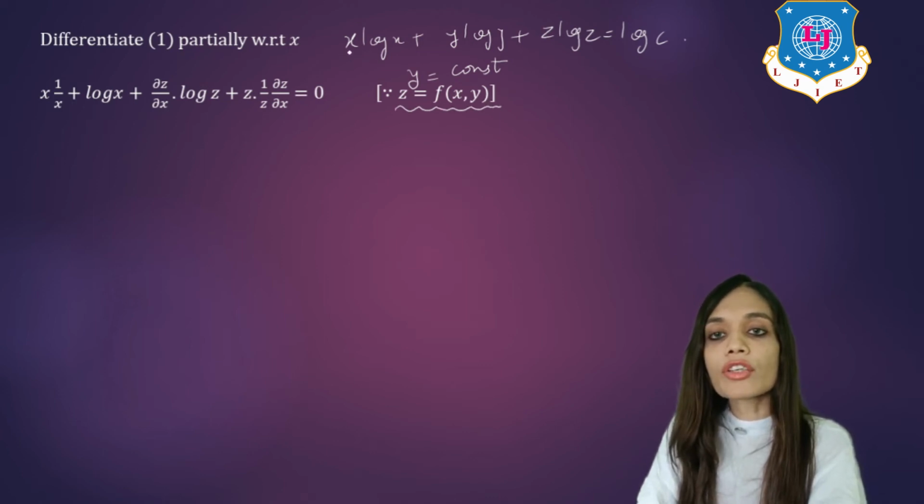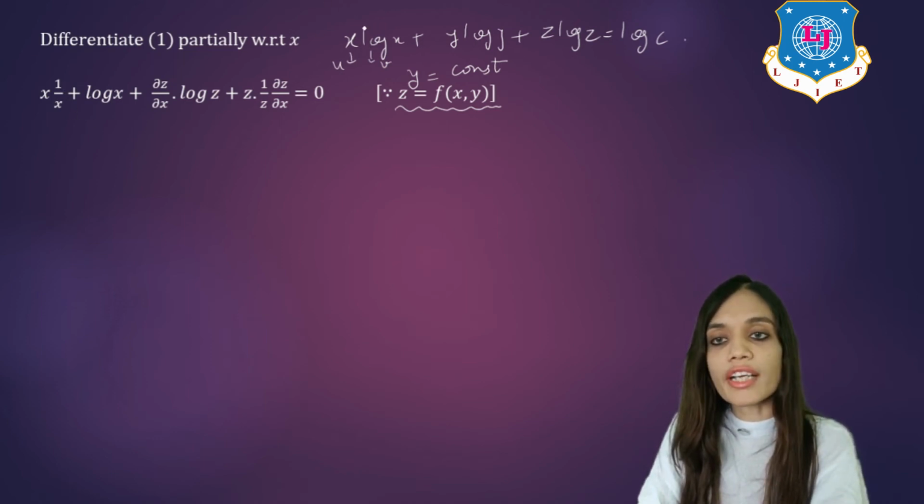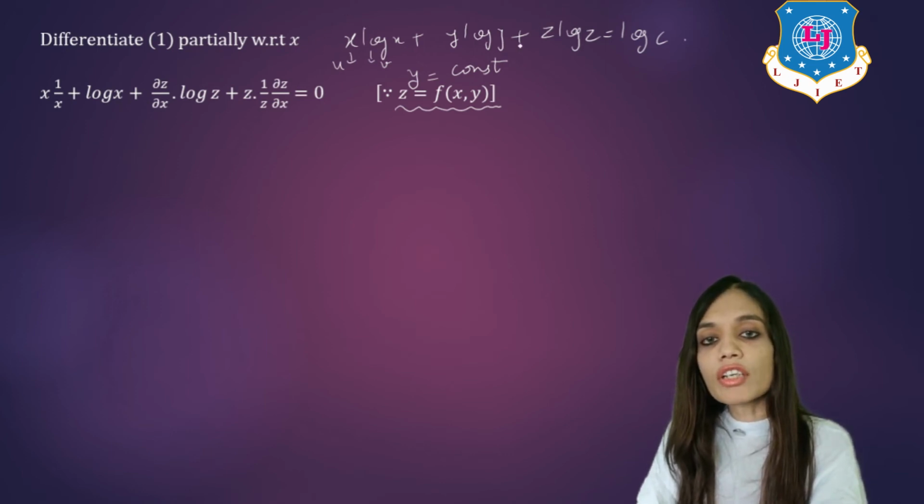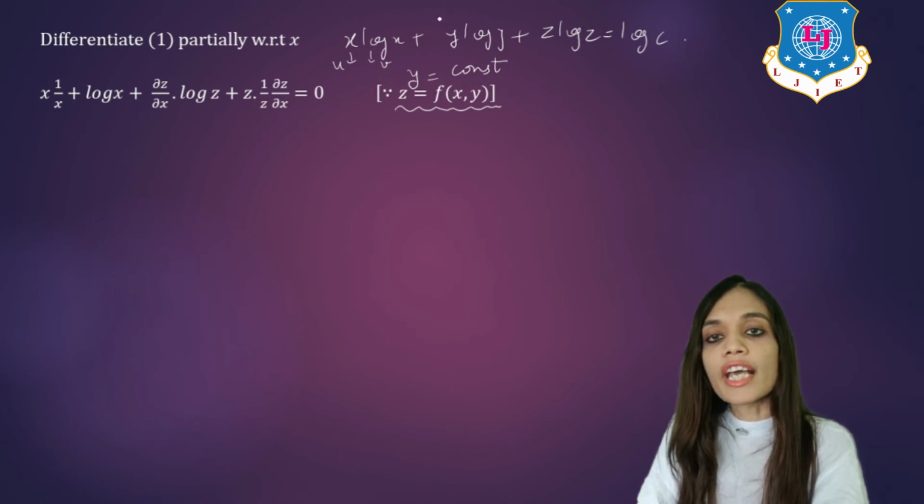Now we will apply the u-v rule firstly in this term. So keep u as it is and do the derivative of log x, so it will be 1 upon x. Now keep log x as it is, and do the derivative of x, that will be equal to 1. Now do the derivative of this term; it will be equal to 0 as y is constant.